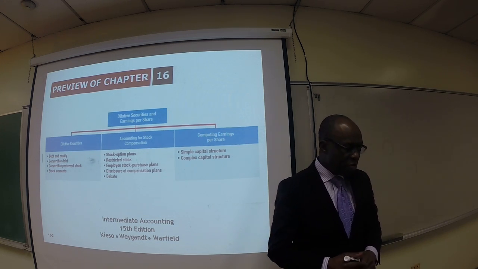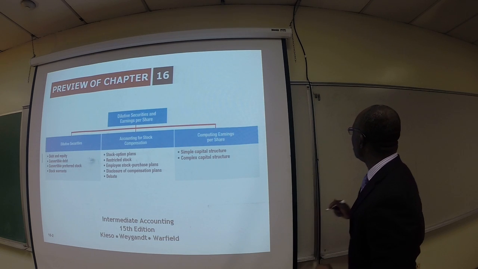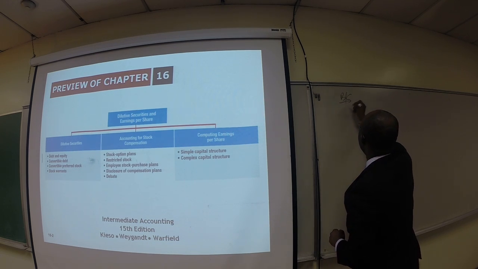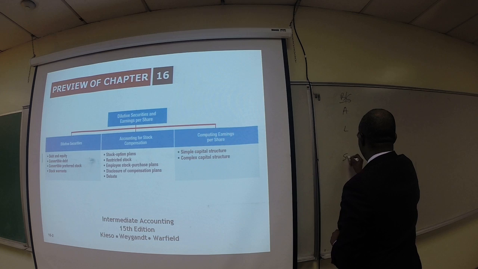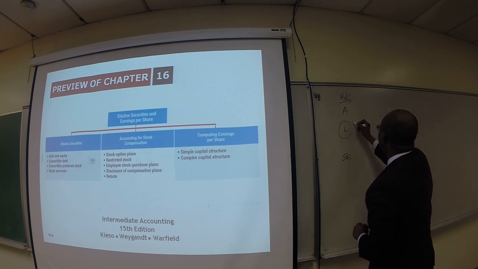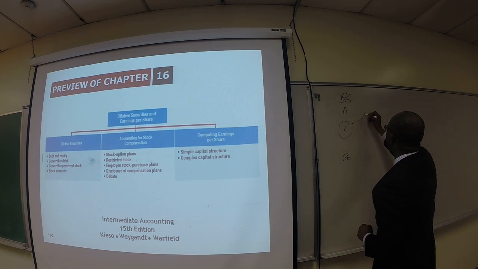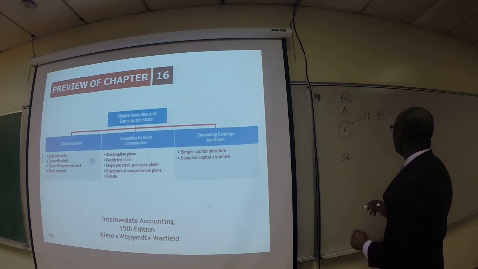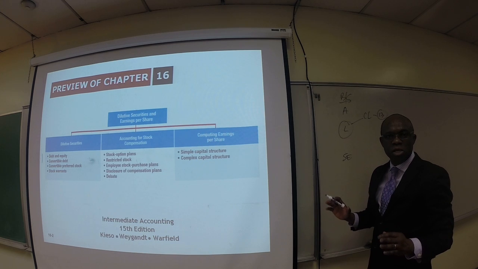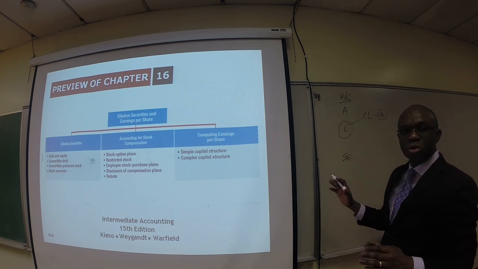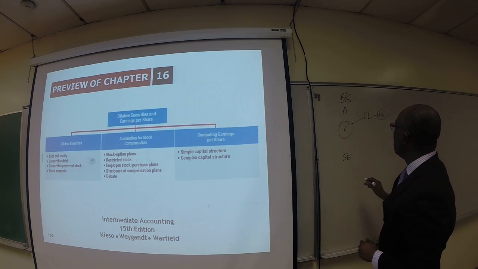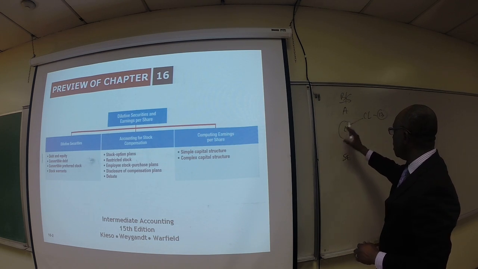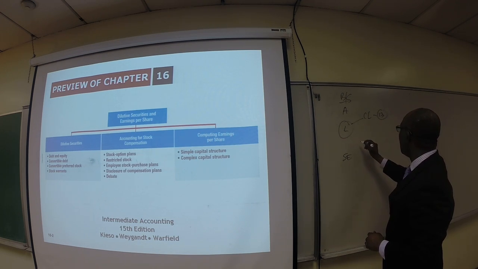Now, in the previous chapters, this is what we have accomplished thus far. In the balance sheet, in chapter 13, we zero in on current liabilities. We talk about the accounting principles, their applications, and how to apply those principles in preparing the balance sheet, specifically the current liability.